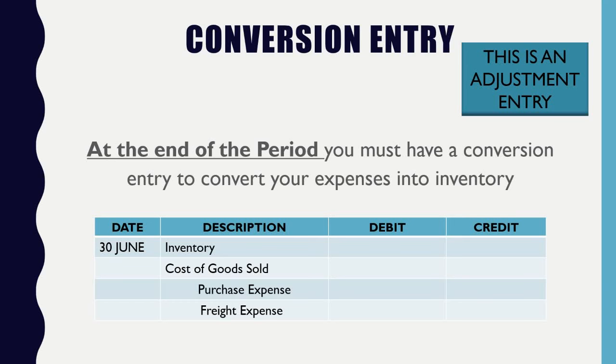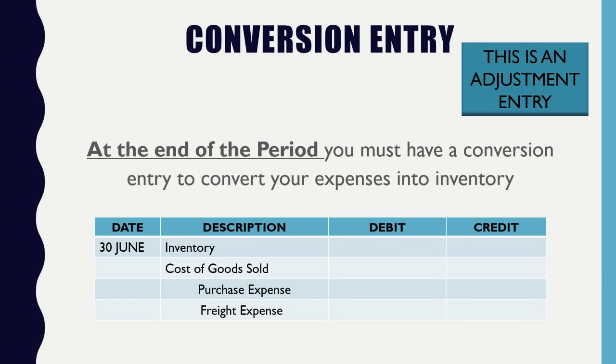So you're going to increase your inventory, but you're also going to increase your cost of goods sold because you utilized the items and got rid of the items. And of course, we're going to zero out or empty out our purchase expense account. So that is the method behind this conversion: our purchase expense, we increased it with the debit, and now we're going to decrease it because essentially we're moving it from one account to another.